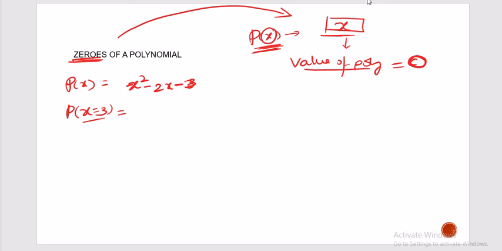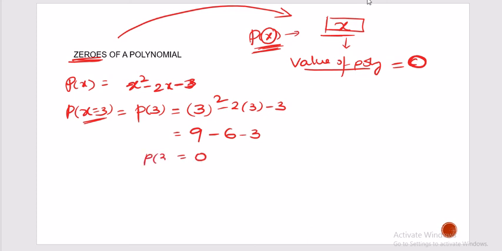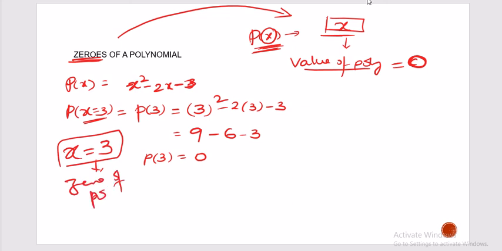Now if I substitute 3, I can write it as p of 3, which is 9 minus 6 minus 3, which is 0. So p of 3 is equal to 0. So x is equal to 3 we call a zero of this polynomial.